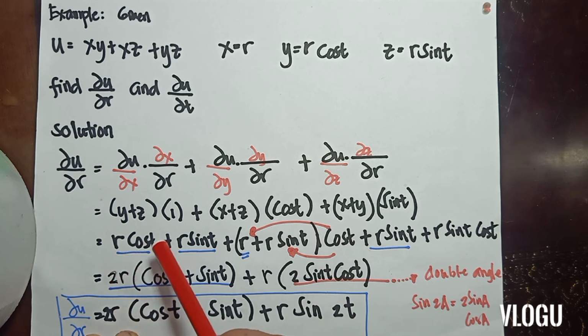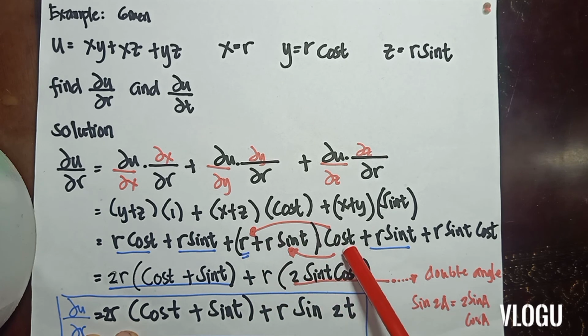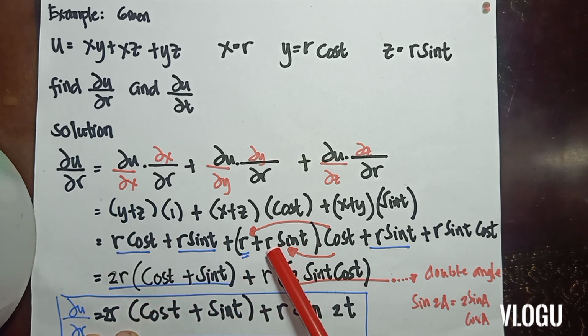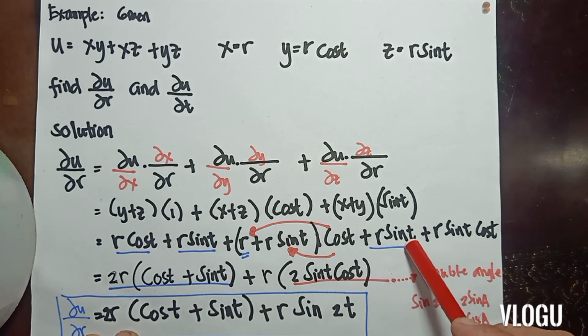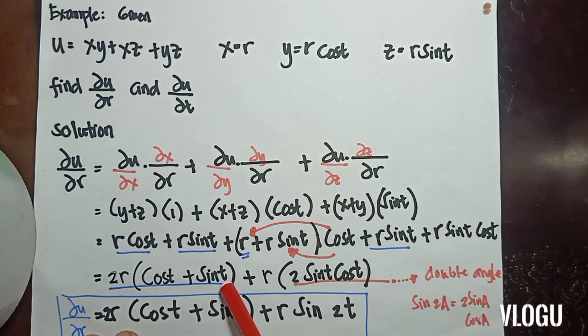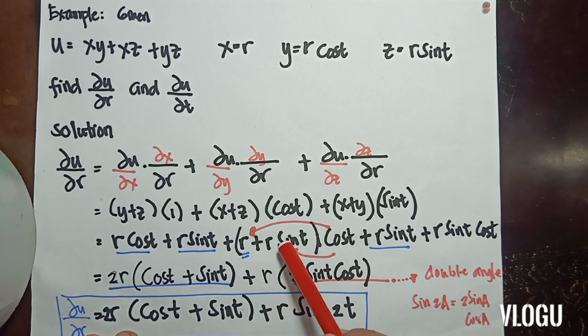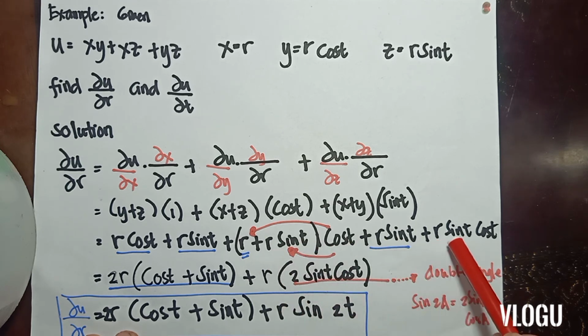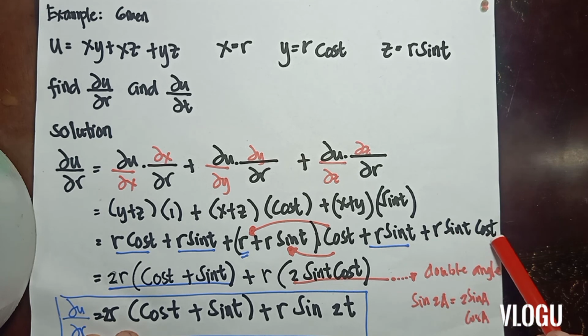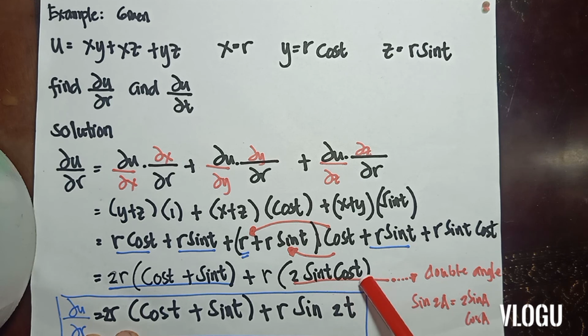Because you have r cos t, r cos t, so 2r cos t. And then you will have r sin t and r sin t, so therefore you will have 2r sin t. So this is the one where I factored out 2r. Then here you will have r sin t cos t, and another r sin t cos t, so you have 2 sin t cos t.